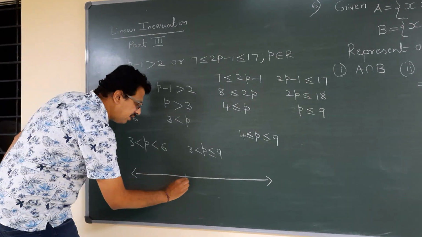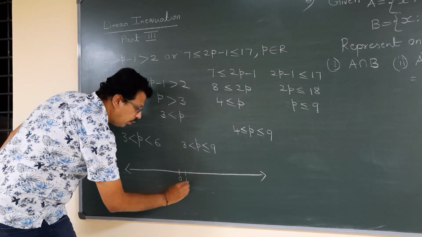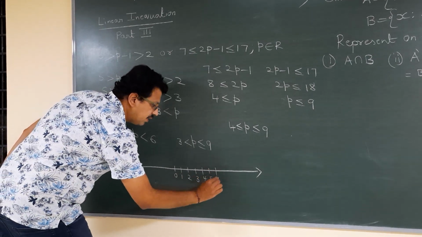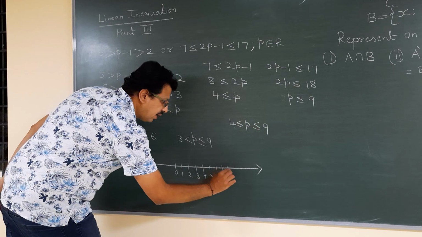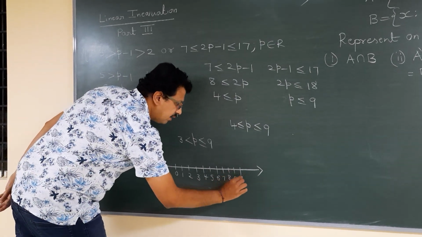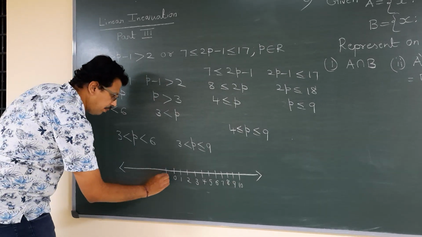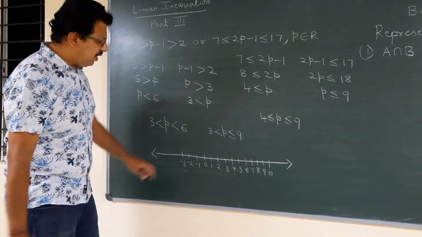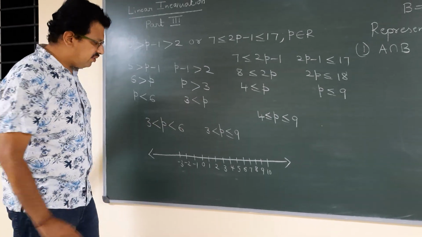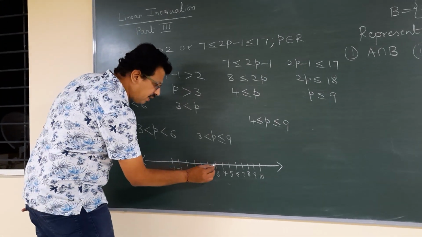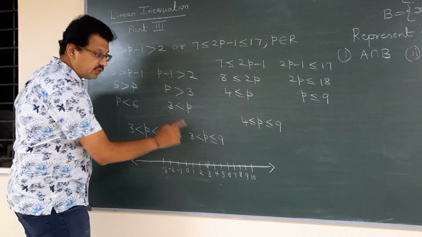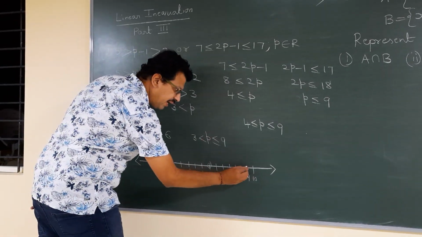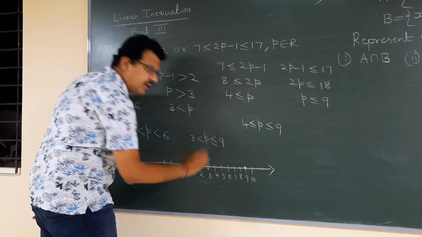So let me write the number line. 0, 1, 2, 3, 4, 5, 6, 7, 8, 9, 10. Minus 1, minus 2, minus 3. So you can see very clearly 3 less than p. 3 less than p means 3 has to be written as a hollow circle because it is not included, and less than or equal to 9 means the 9 has to be darkened.